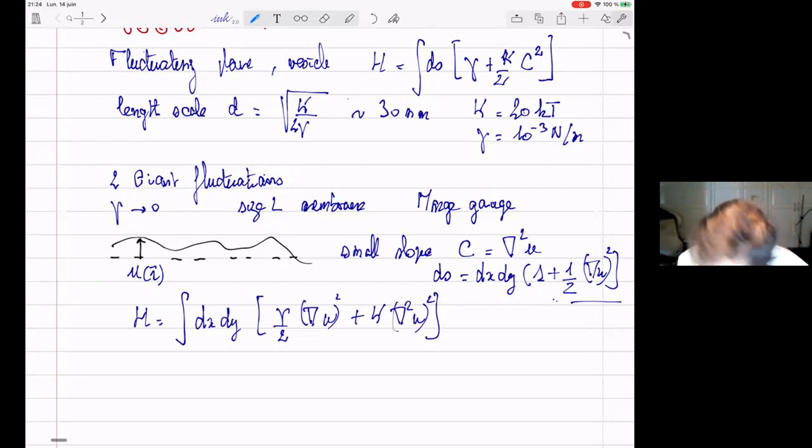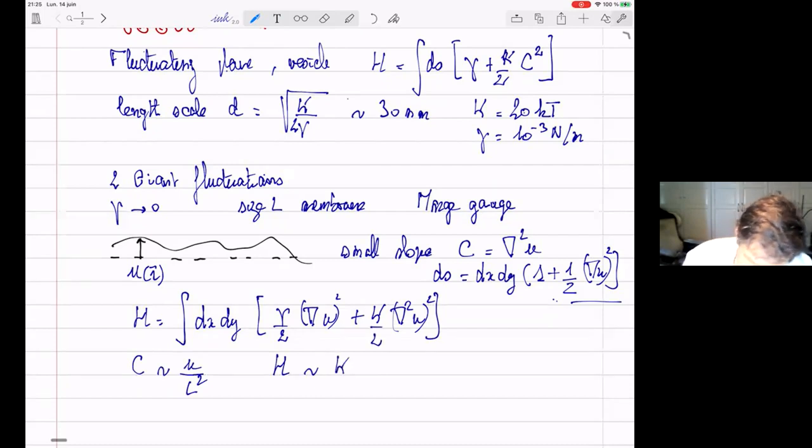Now if I neglect the surface tension and calculate orders of magnitude, if u is the order of magnitude of the amplitude, the curvature is of order u over L squared, and the energy H is of order kappa, L squared for the area, and u over L squared squared, so it's kappa u squared over L squared.